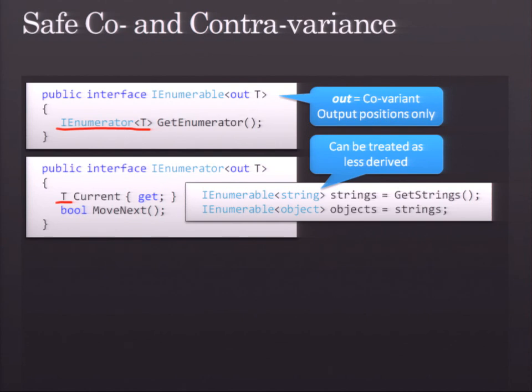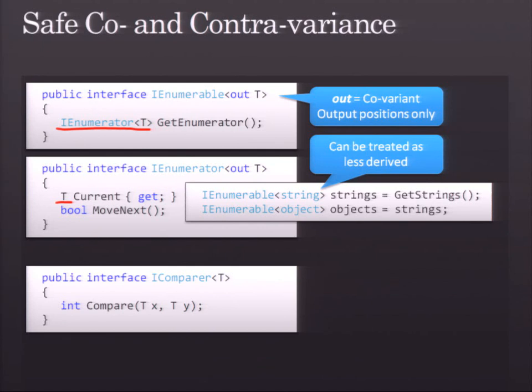Now, the converse of covariance is contravariance, and here's an example of a contravariant interface, or safely contravariant interface. Take IComparer of T, which has one method that takes two T. So in this interface, T's only occur in input positions.